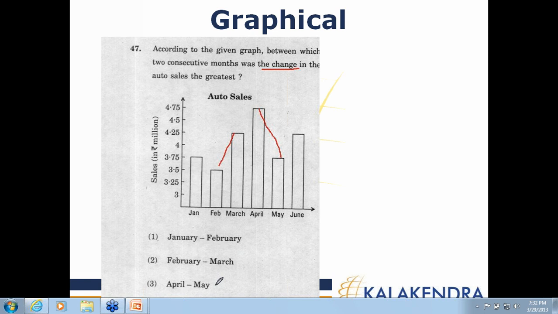But here we're going to talk about April to May, because it's got a dip of 1 million rupees. So that change is the highest in terms of value. So again, it's important to read and understand the question correctly before attempting to answer it.